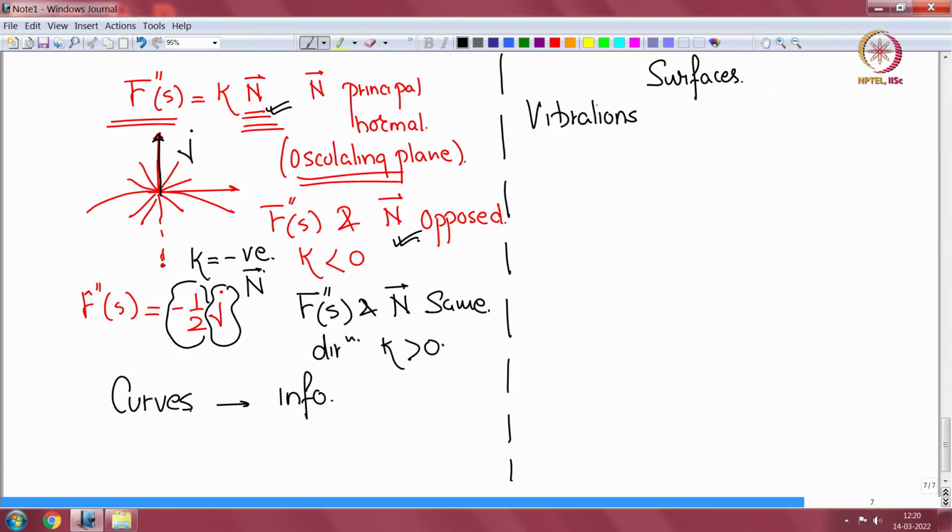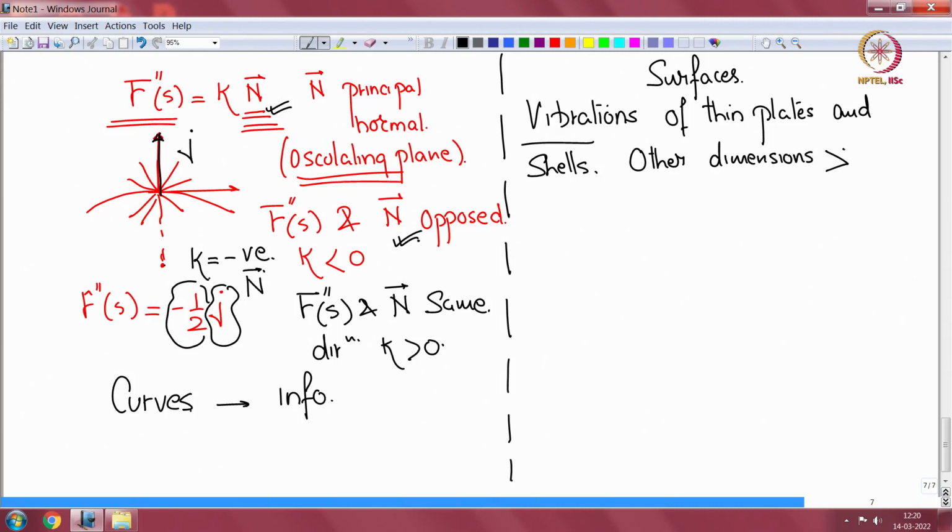And as mentioned in the introduction, of thin plates and shells. And what do we mean by thin? That means the other dimensions are much bigger than the thickness dimension, h, the thickness dimension.